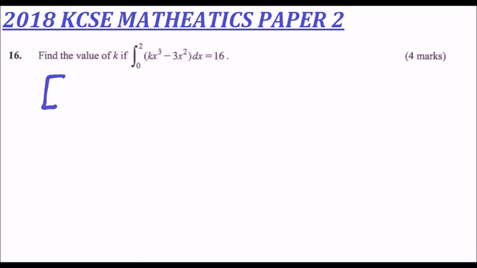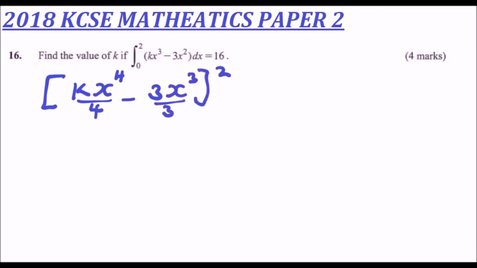When you integrate the first term, you get kx^4 divided by 4. The second term, you get 3x^3 divided by 3, and then you put the limits 2, 0.